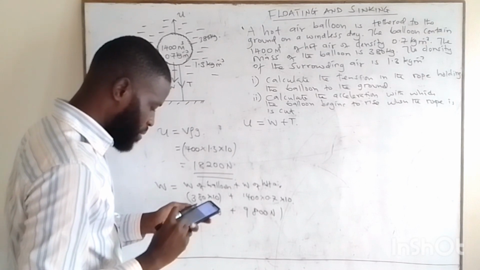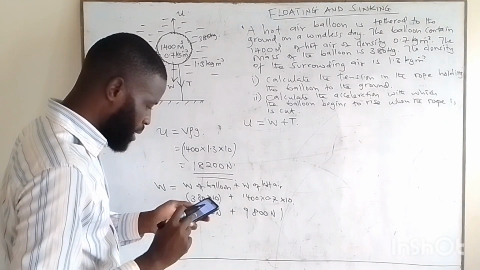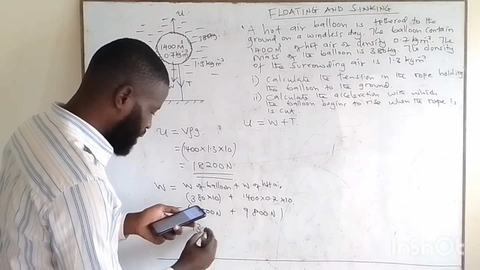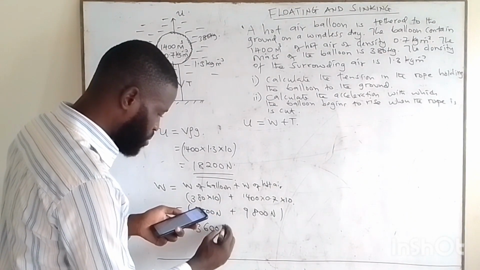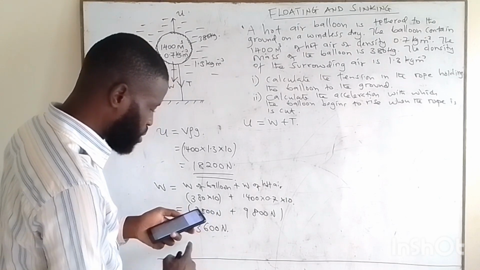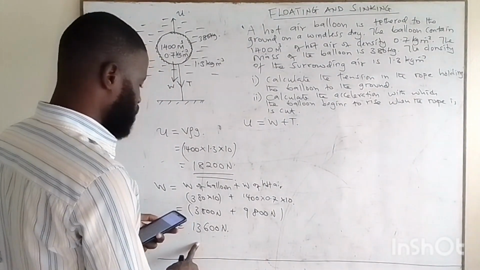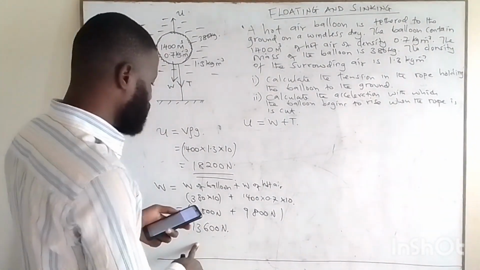That is 9,800 plus 3,800. I get 13,600 newtons. So that is the total weight of the balloon content and the balloon fabric.